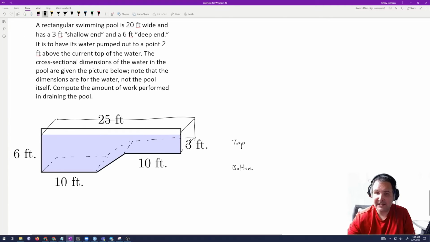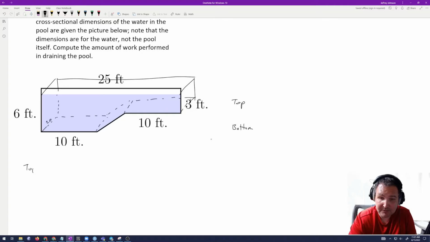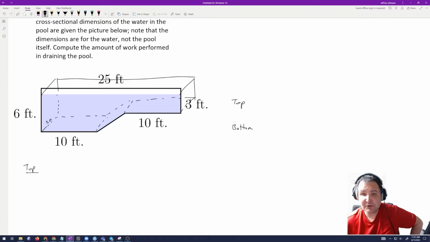Okay, so now we can imagine this 20-foot wide pool. So what is 20 feet? 20 feet is this width here. Okay, and so let's do the top first. The top. And we want to think of, well, how much volume is in the top part of the pool. So for the top, we're going to set up a y-axis so that when y is 0, it's the bottom.